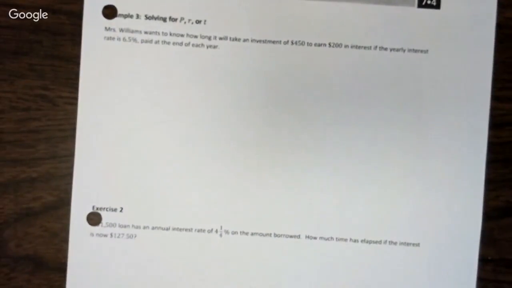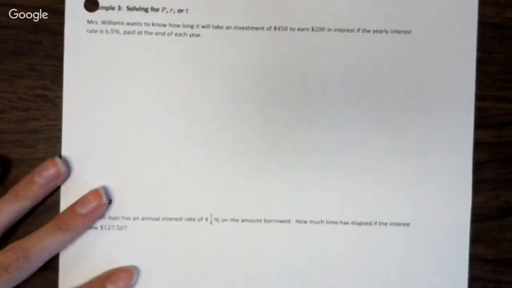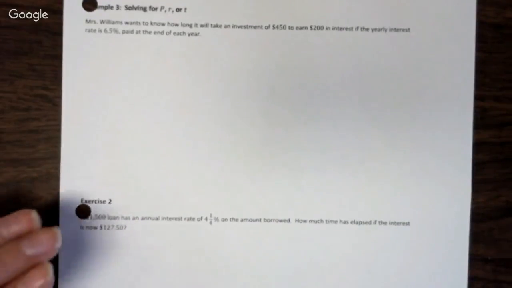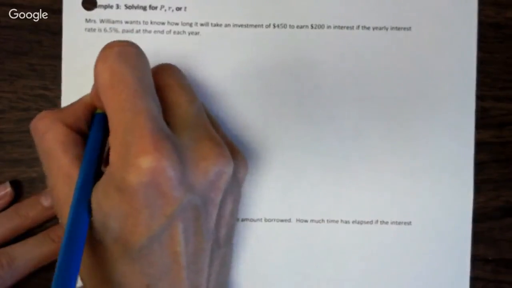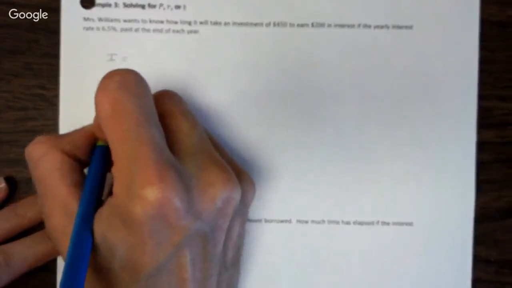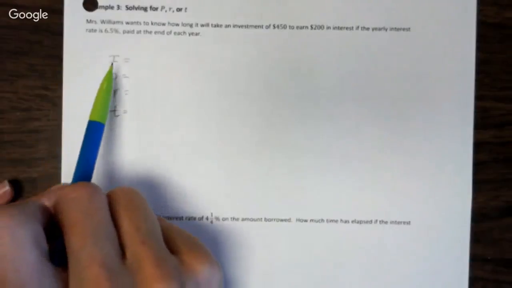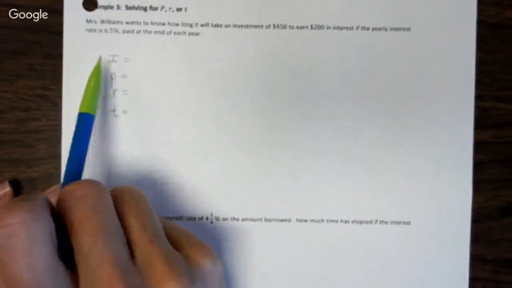All right, next page, example 3. All right, Mrs. Williams wants to know how long it will take an investment of $450 to earn $200 in interest if the yearly interest rate is 6.5%. All right, so we have I equals, P equals, R equals, T equals. In this problem, we actually do know the amount of interest.